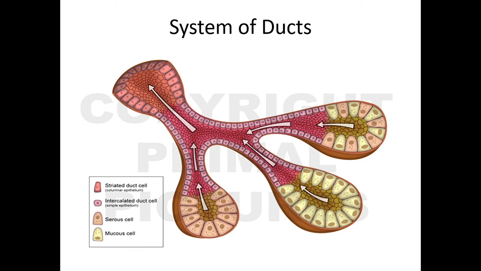On the lower left side, we have the different duct system from striated duct to intercalated duct, then serous cell or mucous cell. So take note, after the parenchyma or secretory cells, we have the intercalated duct. Then going upward, we have the striated duct.